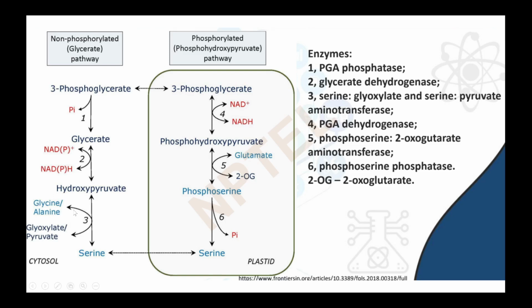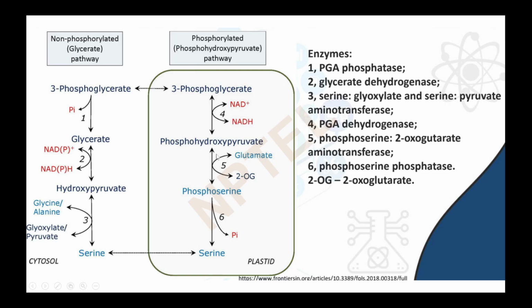So it's a transamination reaction where hydroxypyruvate is a keto acid, right? So glycine or alanine can give the amino group to the hydroxypyruvate and get converted into glyoxylate or pyruvate, and hydroxypyruvate will get converted into serine. Okay, so either serine glyoxylate or serine pyruvate aminotransferase can do this reaction.